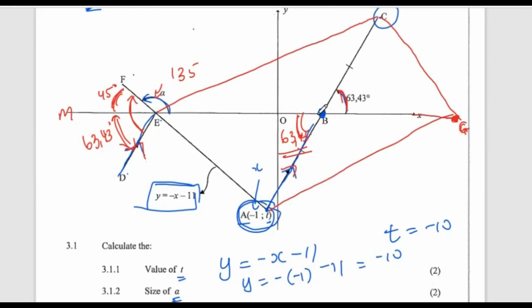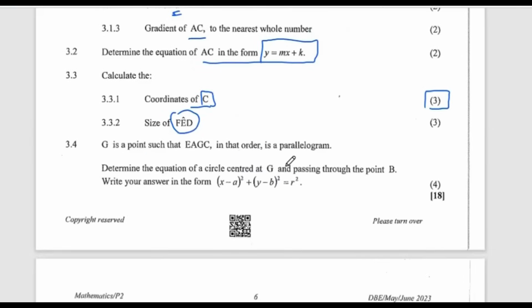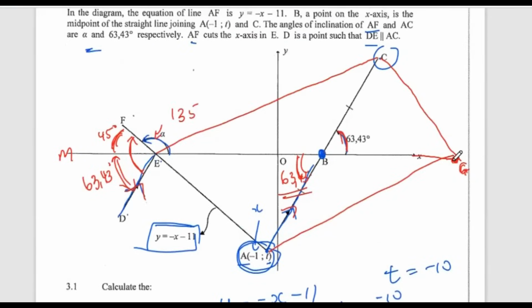Okay. What do they want me to do? Question, what are you asking for? You want the equation of a circle that is centered at G and passing through B. So I need to find the coordinates of G. That's what they're indirectly asking for.